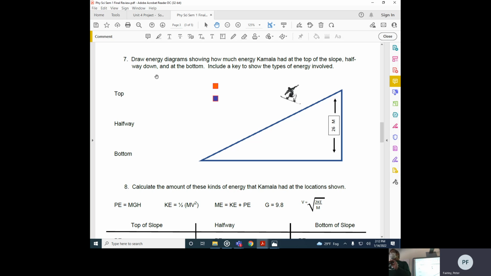When they hit, some of it gets turned to sound and heat and elastic, right? We're not going to worry about that here. On the unit test, we did a thing falling and then also bouncing back up. We're not going to do the bounce part.